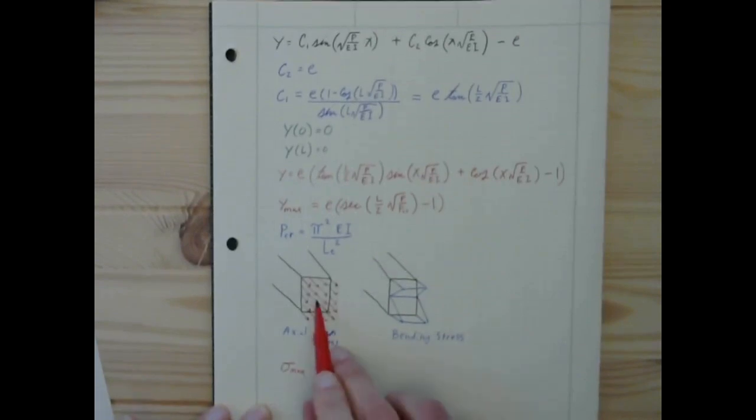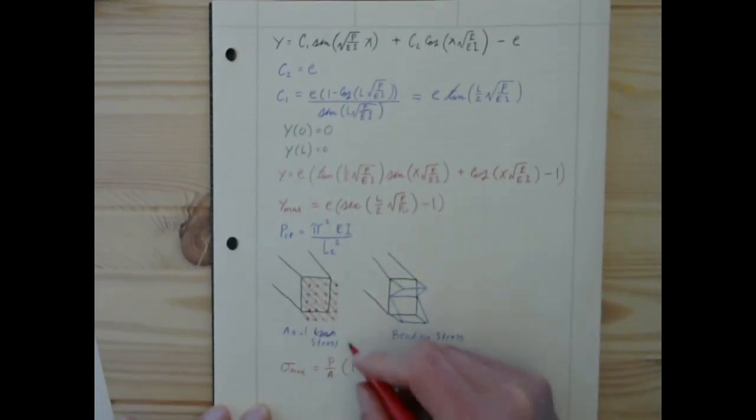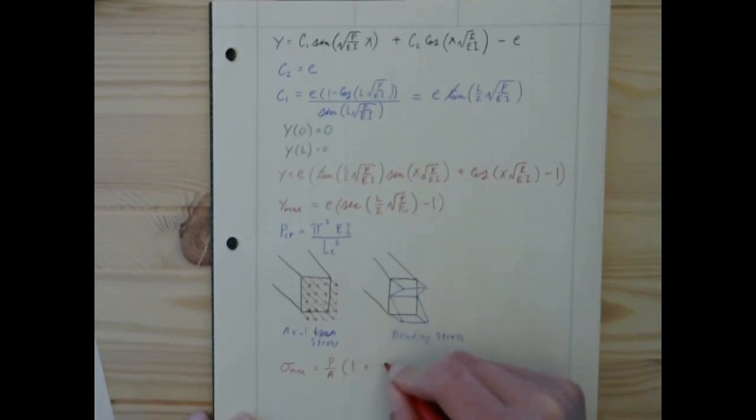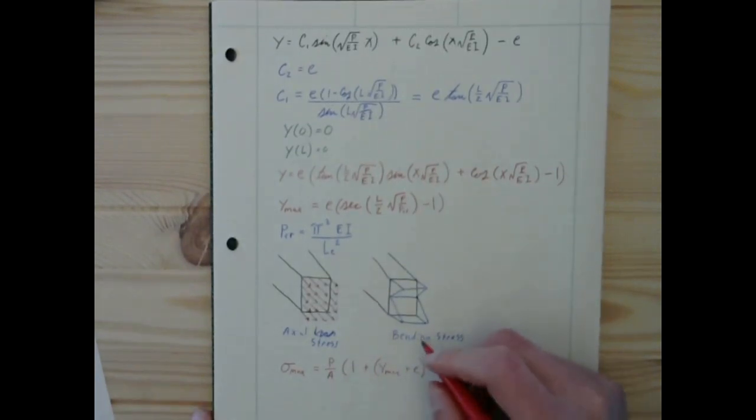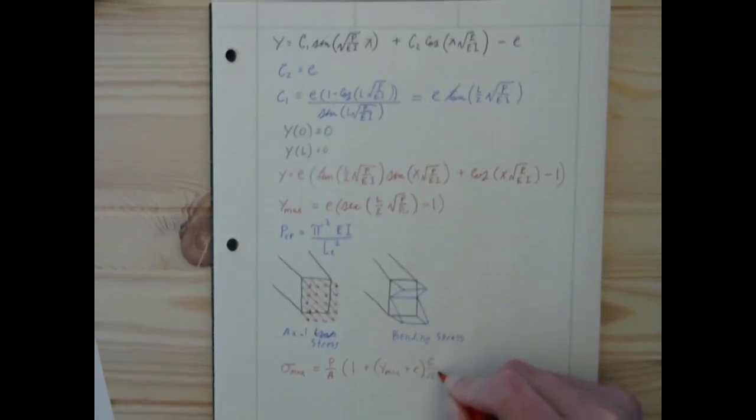That's for this one. Pretty easy to do for that. Plus the maximum deflection plus our eccentricity of our load, E. They're going to be in the same direction, times C over R squared.